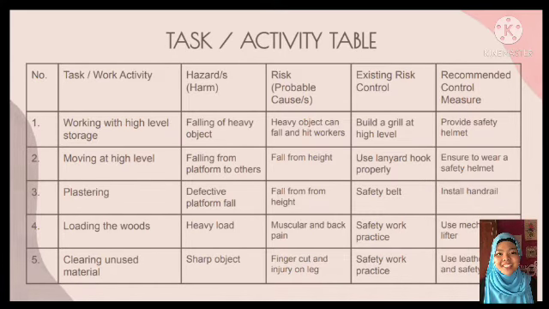The existing risk control for this activity is safety work practice, and its recommended countermeasure is to use a mechanical lifter. Lastly, for the clearing unused material task, the hazard is sharp object, and the risk is finger cut and injury on leg. The existing risk control is safety work practice, and its recommended countermeasure is to use leather gloves and safety boots.